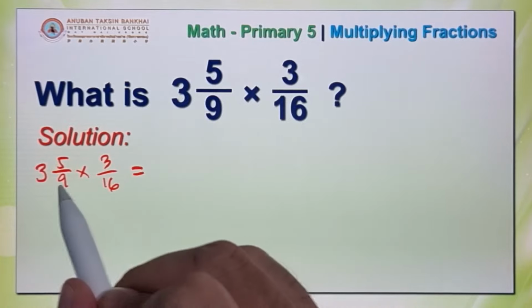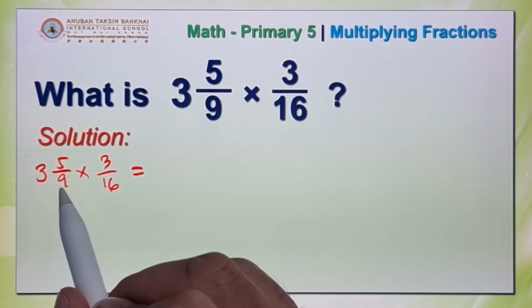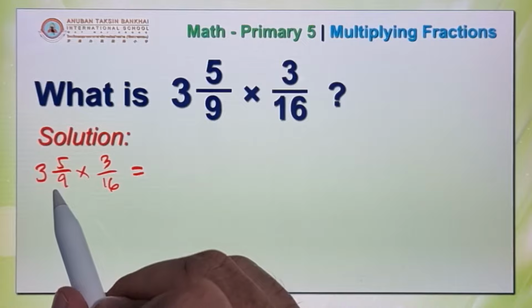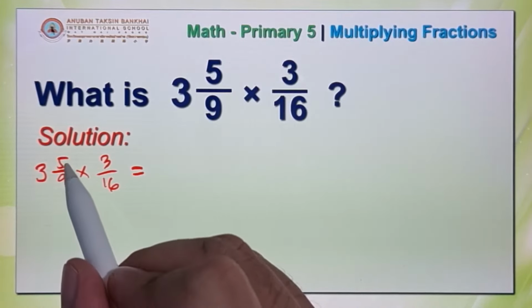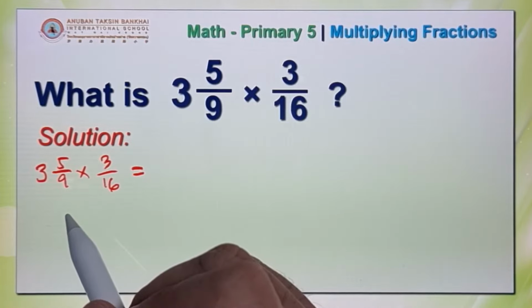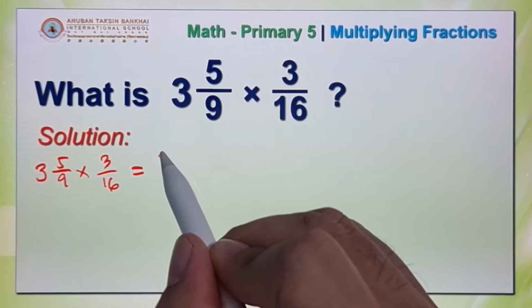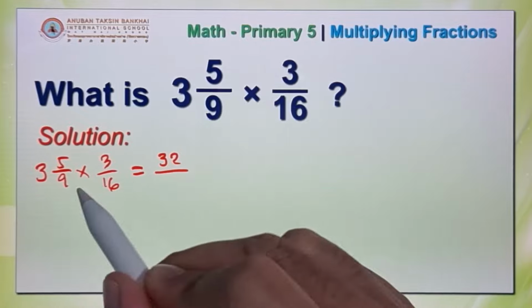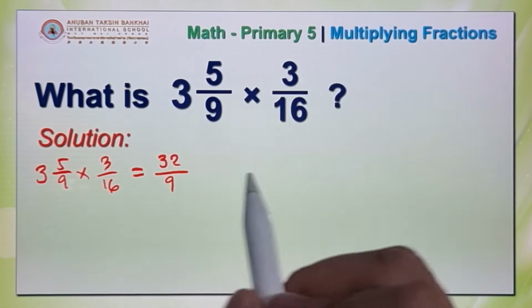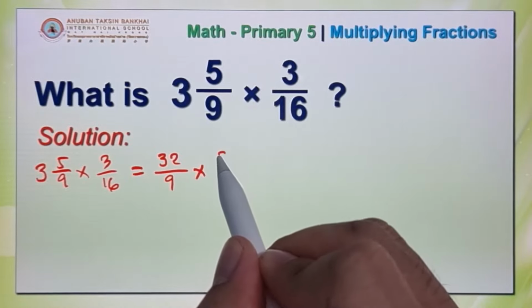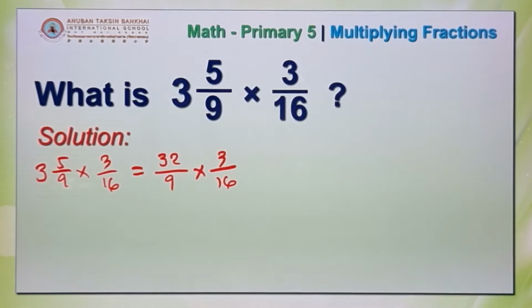Let's change this into an improper fraction. So 9 times 3, we have 27, plus 5, we have 32. 32 over, copy the denominator, so that is 9, times 3 over 16.